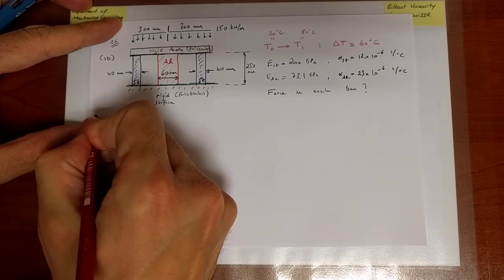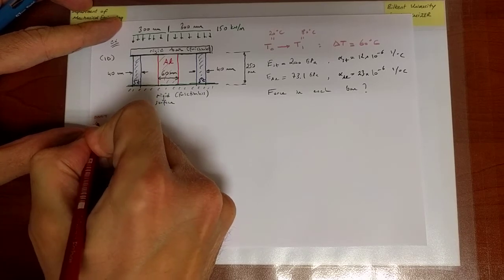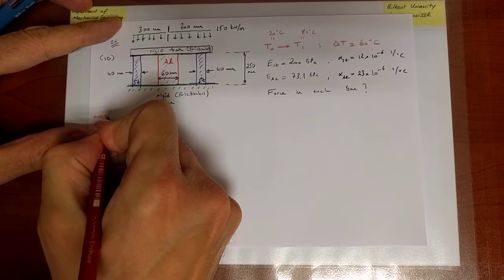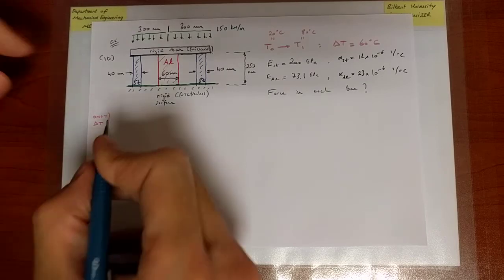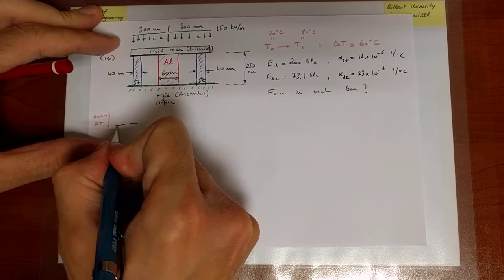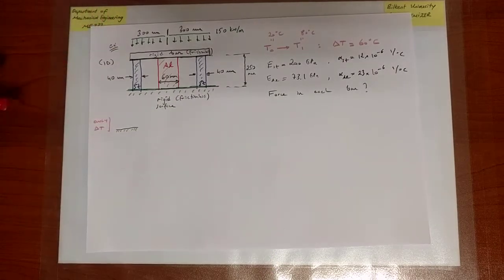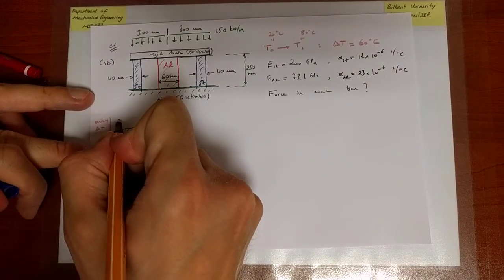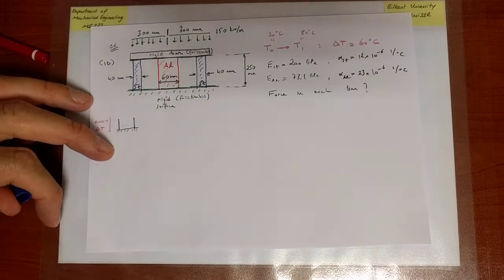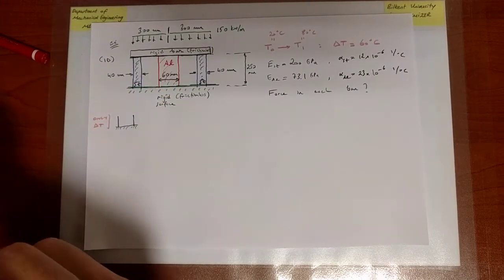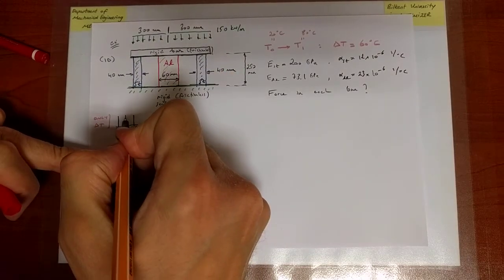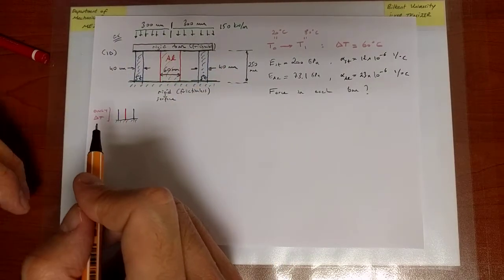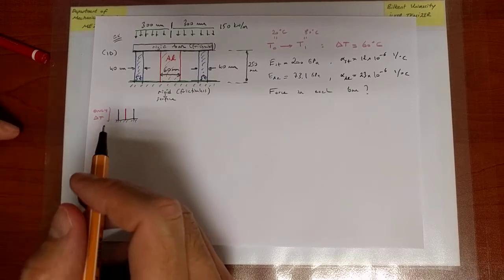So I'm going to write here only delta T. If we have only delta T, then we have a situation where we have just a quick sketch. We have initial lengths of the cylinders. I'm just drawing lines on the surface, and the rigid bar is there. But what I'm going to do now is apply sort of a superposition principle.